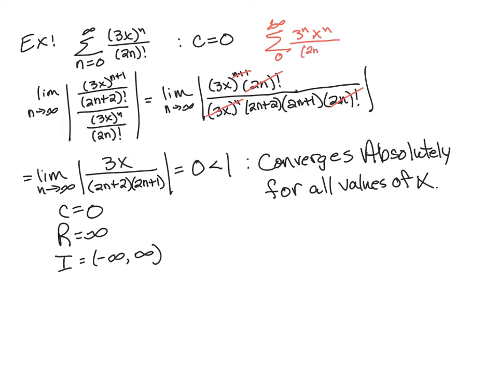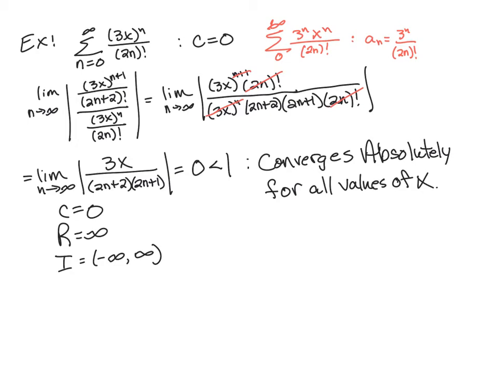And the bottom is 2n factorial. So you have a sub n is the 3 to the n over 2n factorial. Not that it matters much, but you need to see that that x to the n is separate, okay?